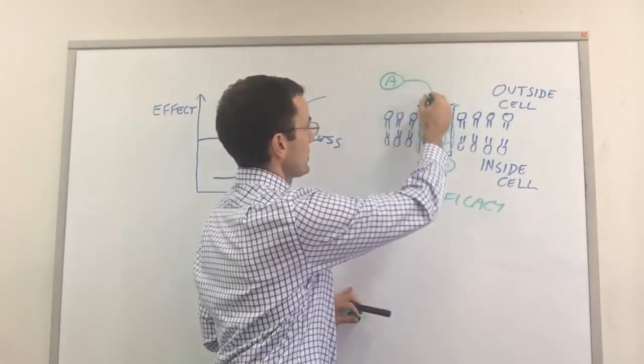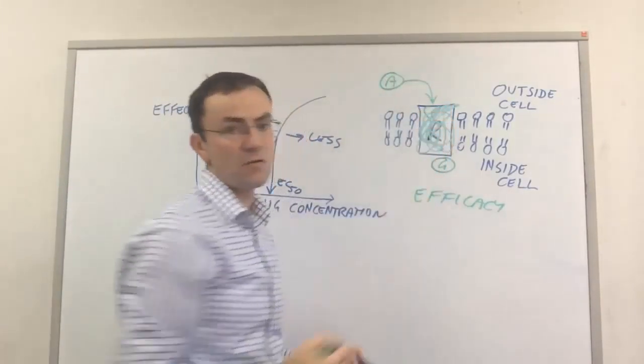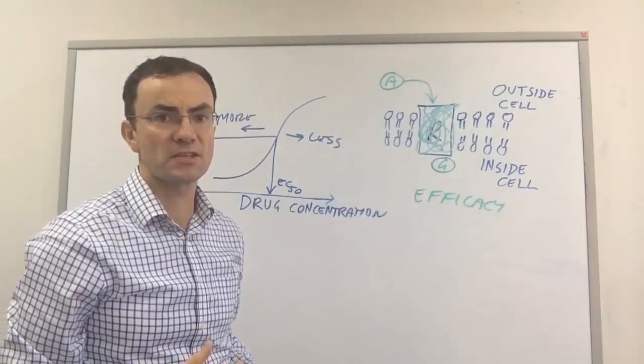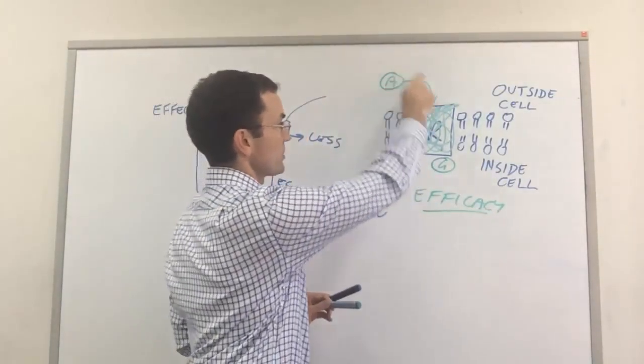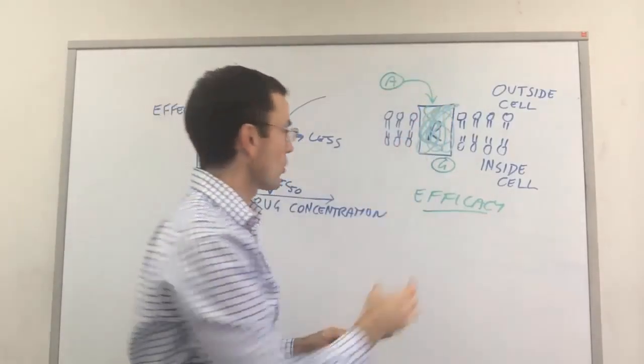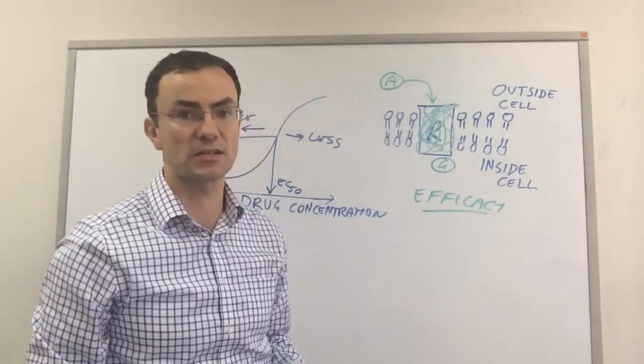And the ability of the drug to change the conformational shape of that receptor is what dictates efficacy. So some drugs can bind really well, but not have great efficacy inside the cell.